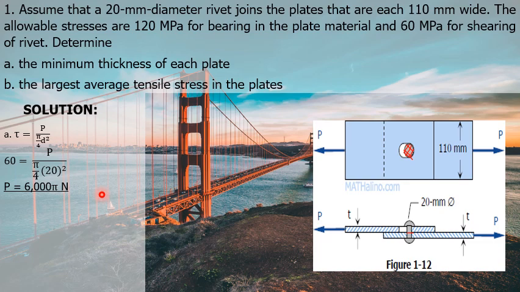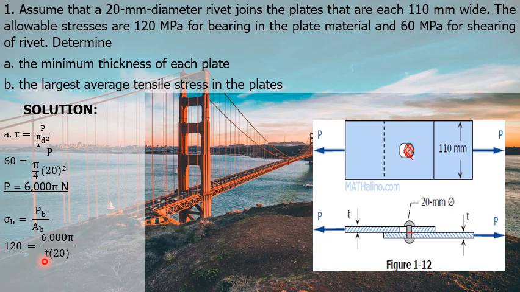Now we proceed with the formula for bearing stress. That is PB over AB. Our PB is also equal to the tensile load P. And our sigma B, or the bearing stress, is 120 megapascals. We leave T as it is unknown, and our D is 20 millimeters, the diameter of the rivet.